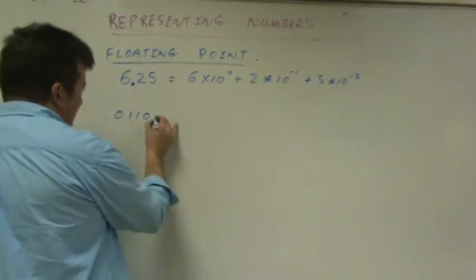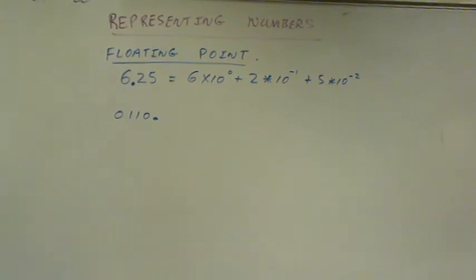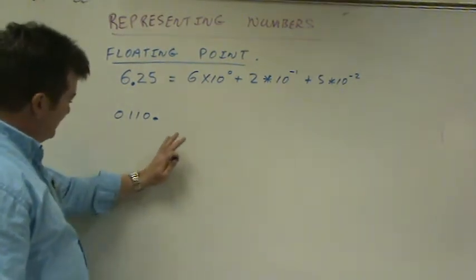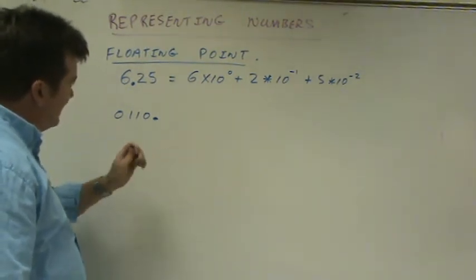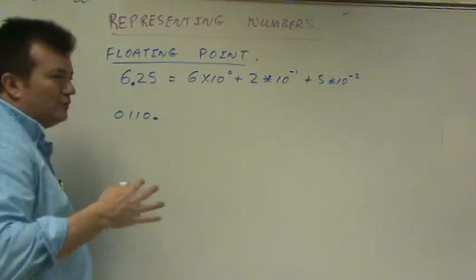Then we have a decimal point, even though the decimal point doesn't really show up in computer hardware, but right now we're just representing it on the blackboard in binary. How do we represent 1/4?